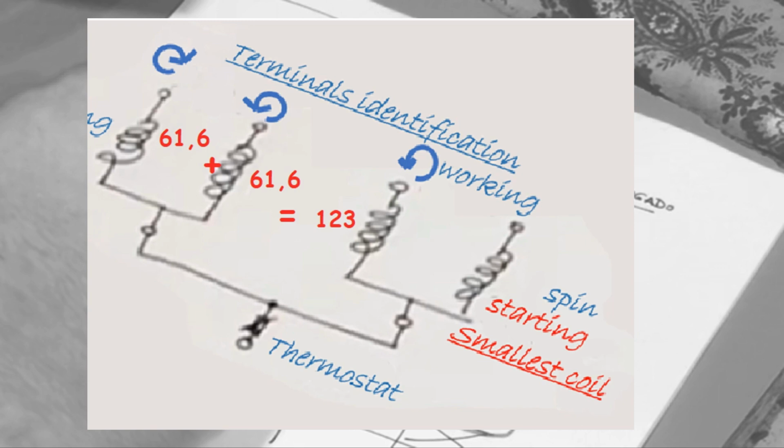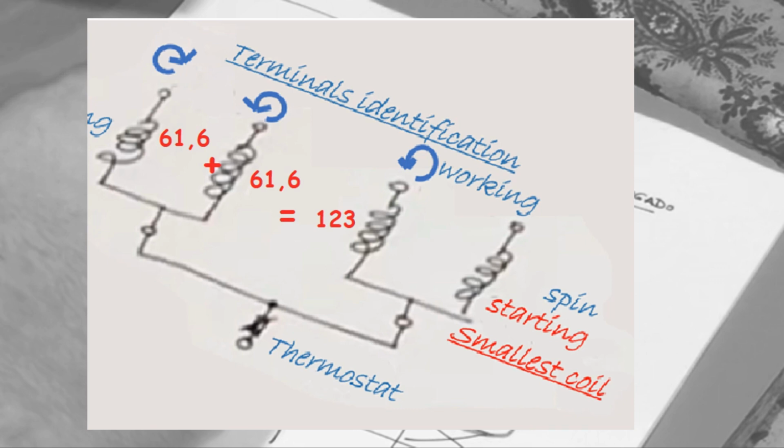If the resistance of the washing windings is 61.6, then if we sum up the two values, the resistance between the two terminals should be 123.